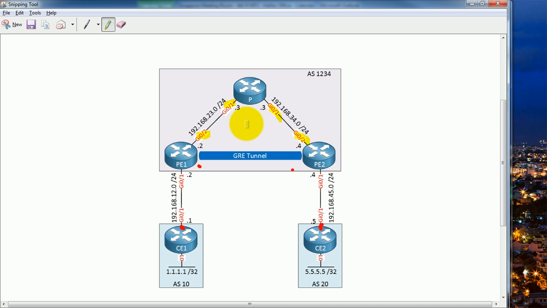Inside the interface, we type mpls ip, for each interface.